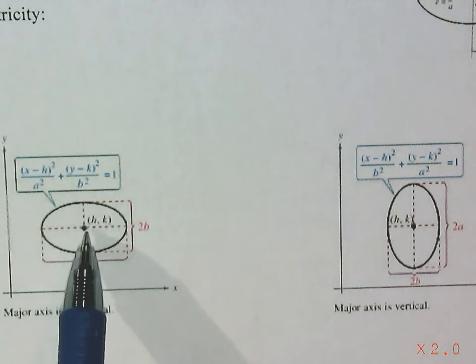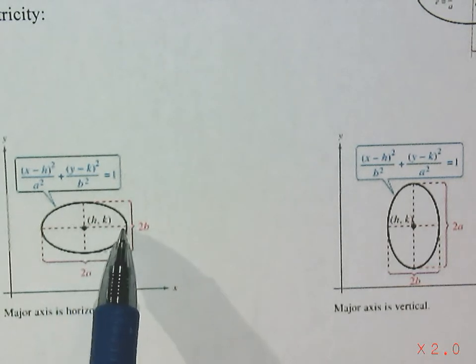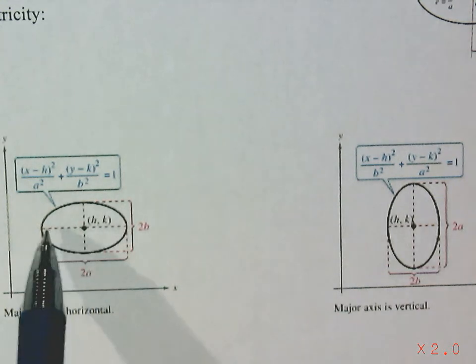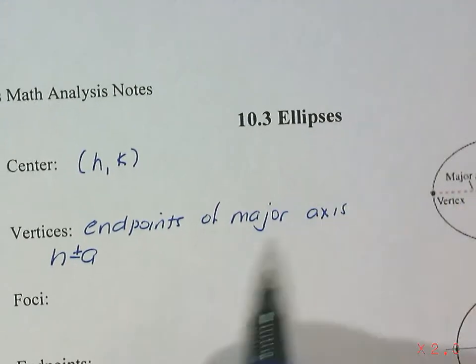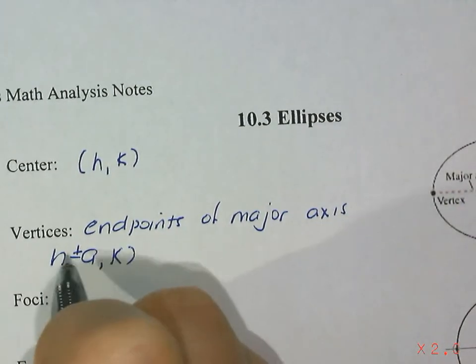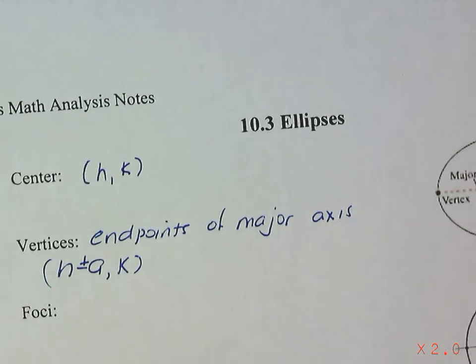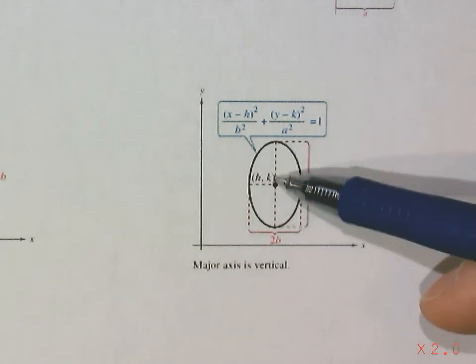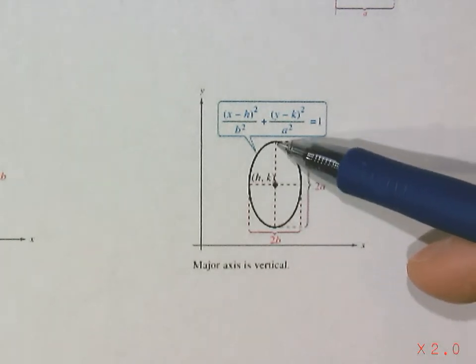So I'm going to take h and add a, or I'm going to take h and subtract a. So I'm going to have h plus or minus a, k. If the ellipse goes in this direction, then I'm going to have to add a to the k value.